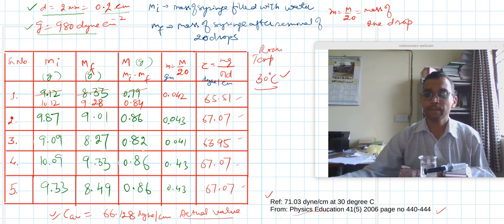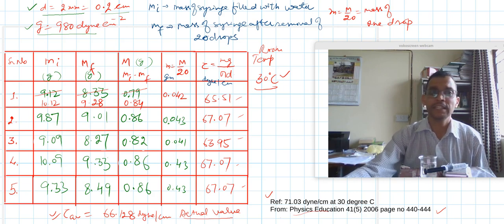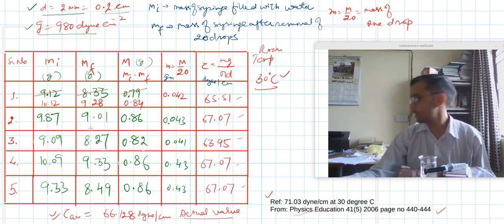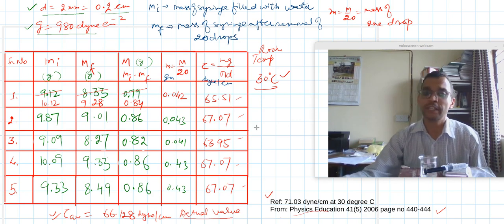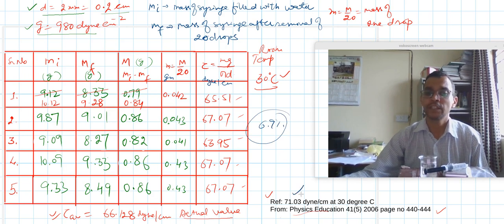When I estimated the error from this experiment, the error comes out to be 6.9% with respect to this value.